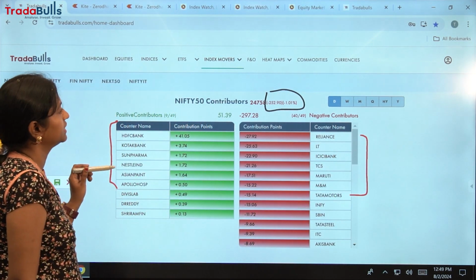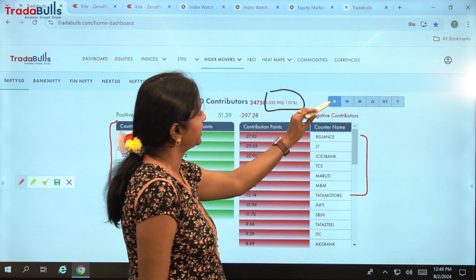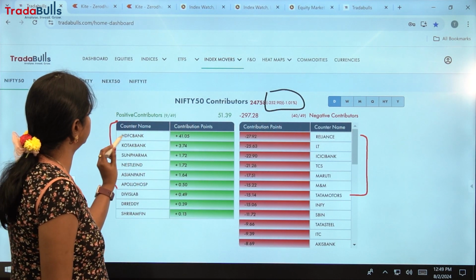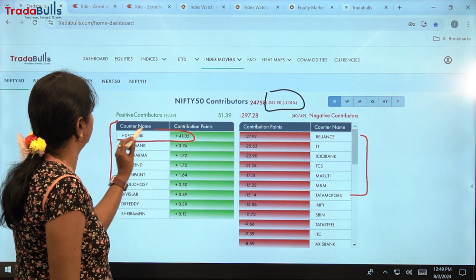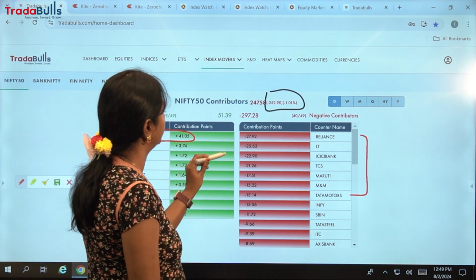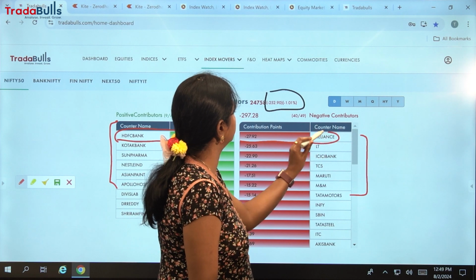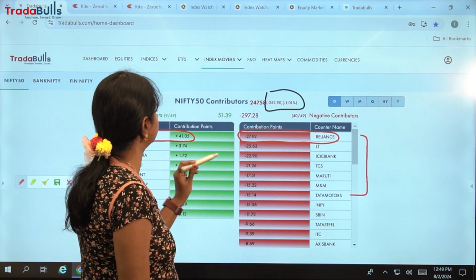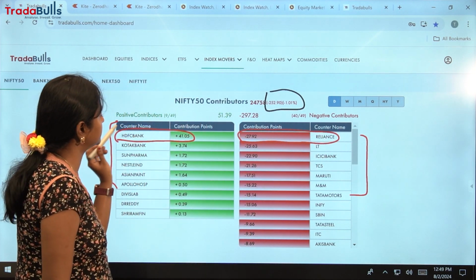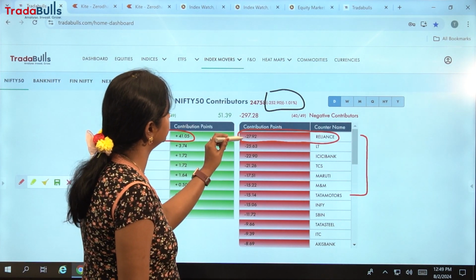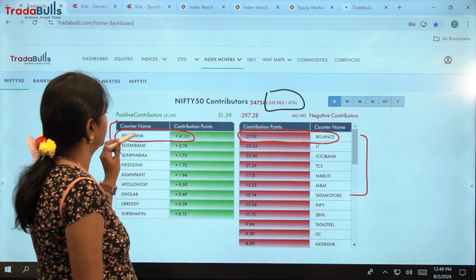As we are looking at the daily time frame, today the positive contributor at the highest range is HDFC Bank, and the negative contributor is Reliance. HDFC is plus 41.05 and Reliance is minus 27.92.